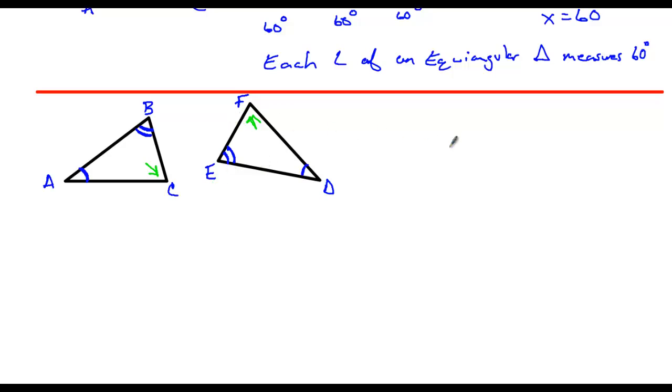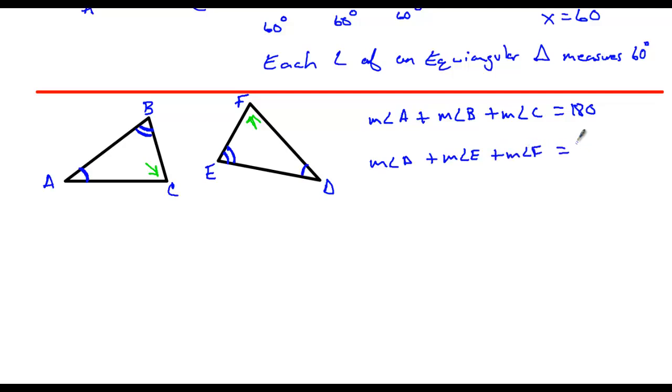Okay, hopefully you're saying that they would have to be congruent, but let's just look and make sure. We know that the measure of angle A plus the measure of angle B plus the measure of angle C equals 180, right? And we also know that the measure of angle D plus the measure of angle E plus the measure of angle F has to equal 180 also, doesn't it?